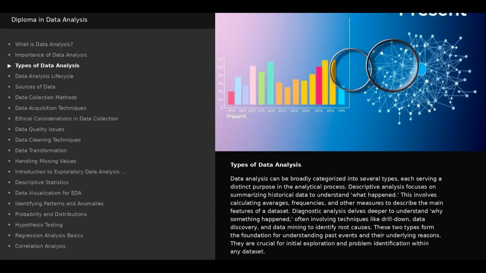Diagnostic analysis delves deeper to understand why something happened, often involving techniques like drill down, data discovery, and data mining to identify root causes. These two types form the foundation for understanding past events and their underlying reasons. They are crucial for initial exploration and problem identification within any dataset.